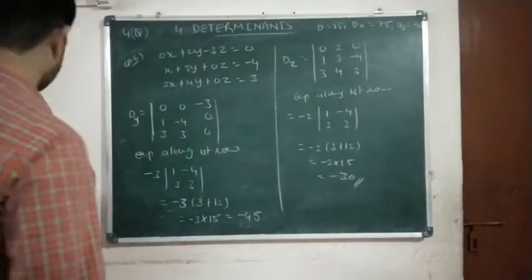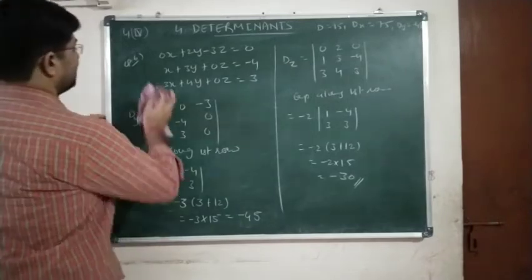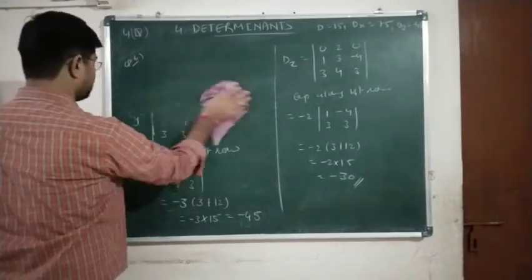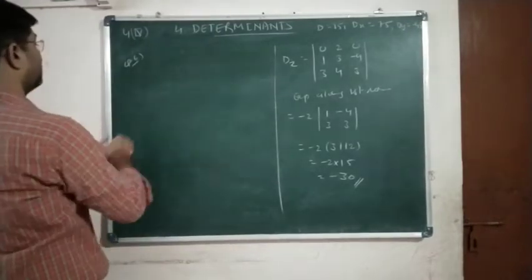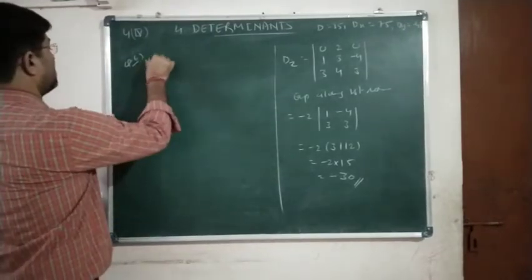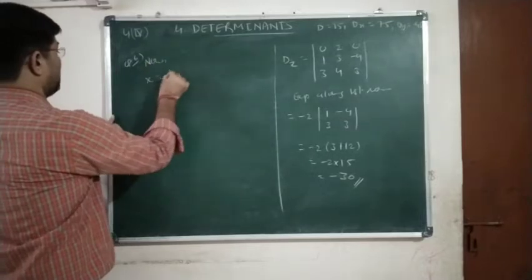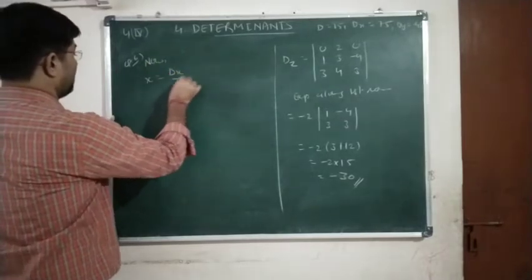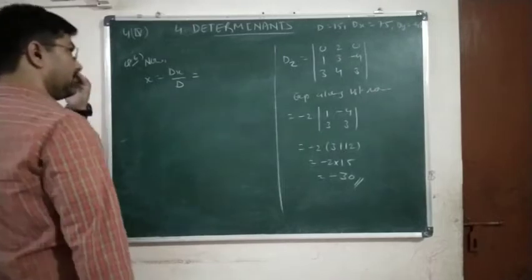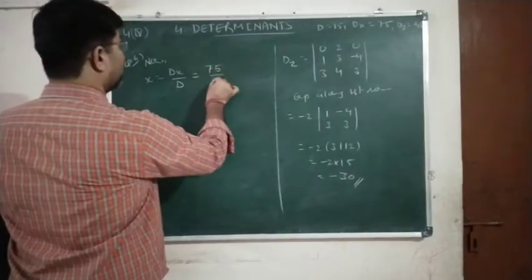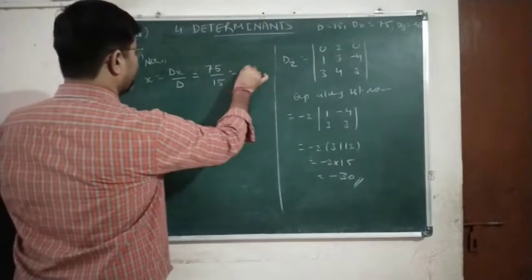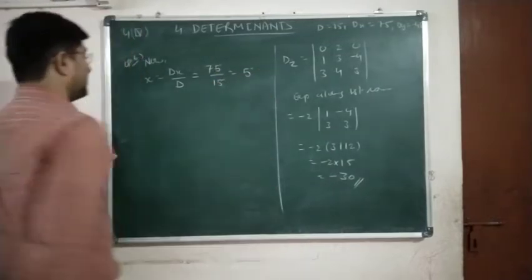Now we can calculate x, y, z respectively. x is equal to dx upon d. dx is 75 upon d is 15, so x is 5.